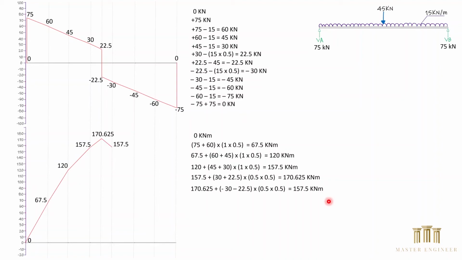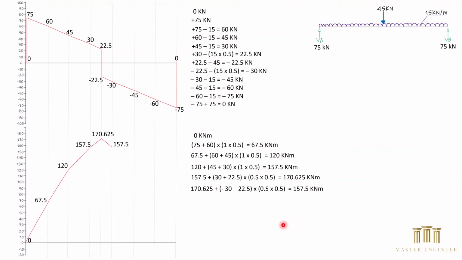Again, the next point will be 170.625 kilonewton meter plus minus 30 minus 22.5 multiplied by half of the distance multiplied by 0.5 equals 157.5. Another straight line from 170.625 to 157.5.